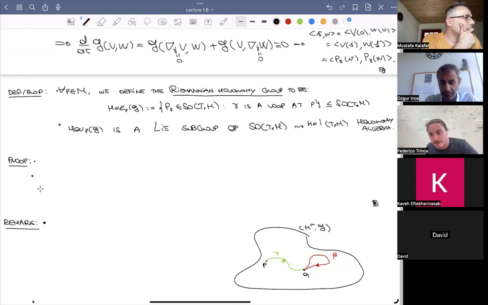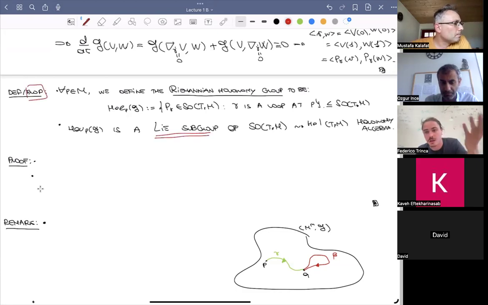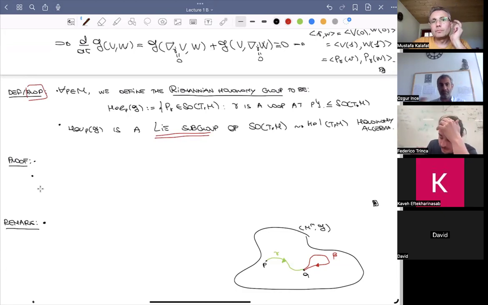So the proof of this proposition, the proposition is in here, is needed because a priori it's just a subgroup of SO(T_pM) and not a Lie subgroup.